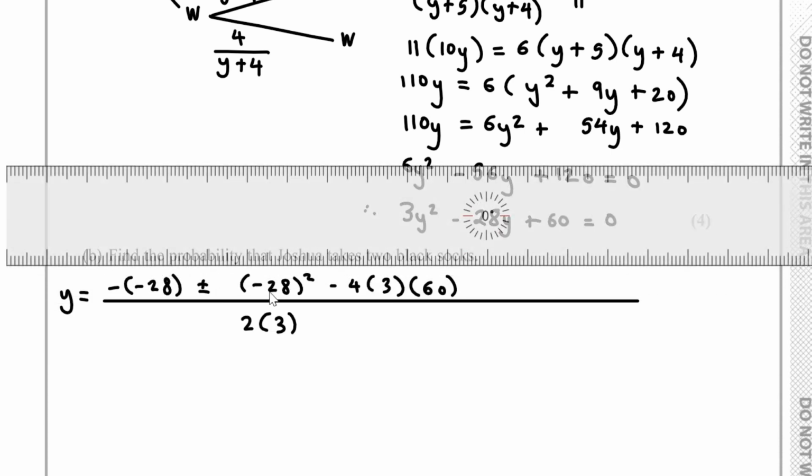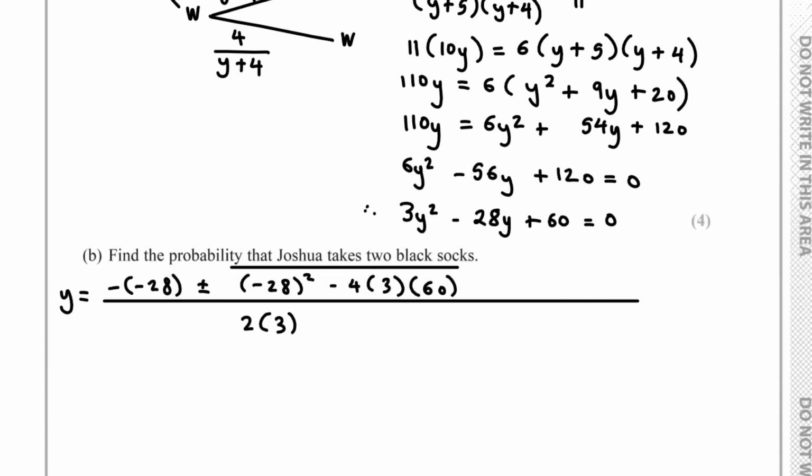So if I square root this, and then tidy all this up, we can work out what this is.